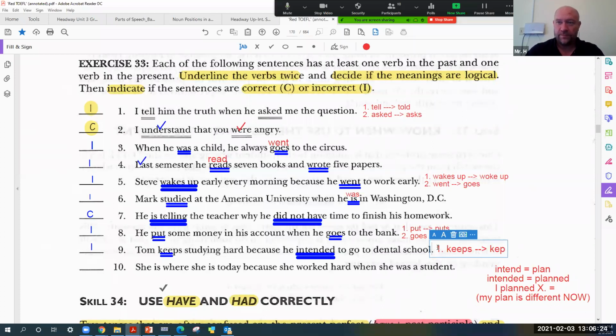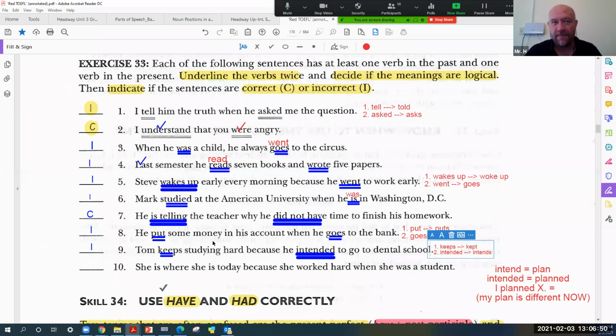Verb 2, kept. And what about the second one? What if I change the second one? Intended to intend. Exactly. But don't forget the S. Intends. Gentlemen, do you understand?